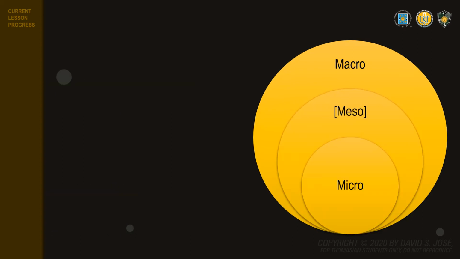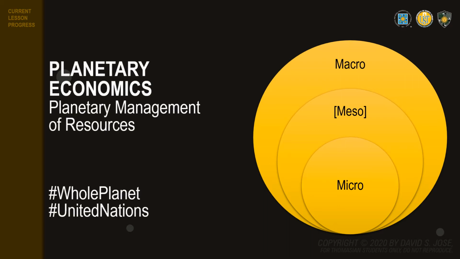Now, if we sum all of these things for the whole world, we call it planetary economics, or how the whole planet and its resources are being managed. Right now, our attempt to manage that is through the United Nations.